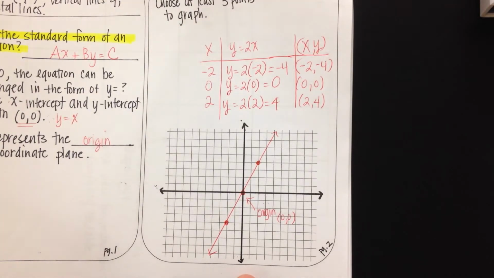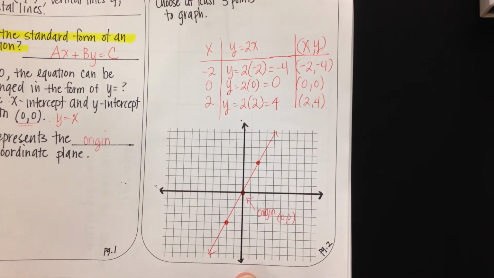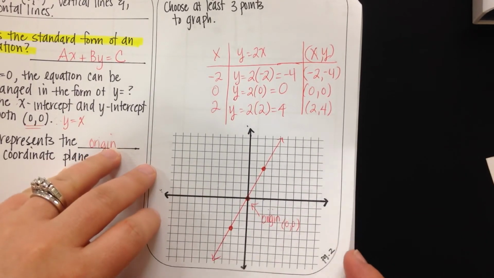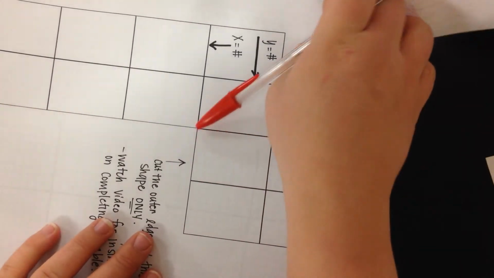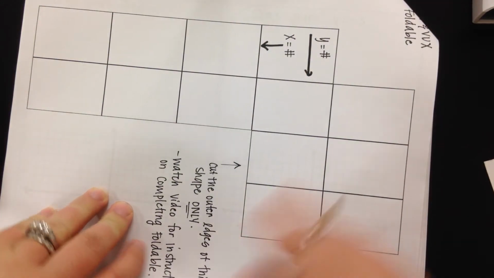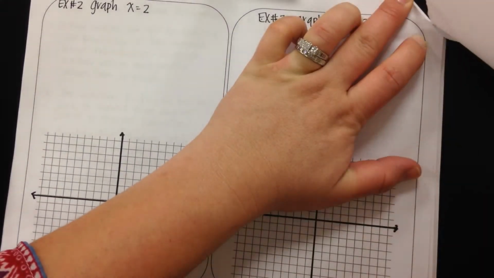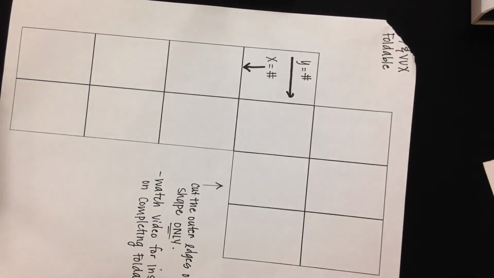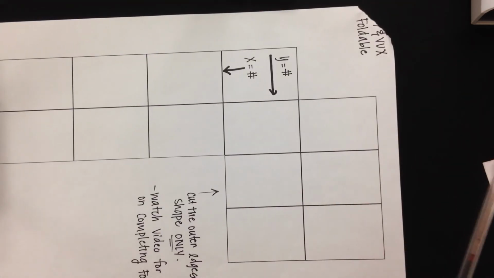Now, on the next page, you are going to see a foldable. To make this foldable easy, go ahead and pull this page out. So you're going to end up tearing that corner. That's okay. And we're going to go ahead and cut this out right now.